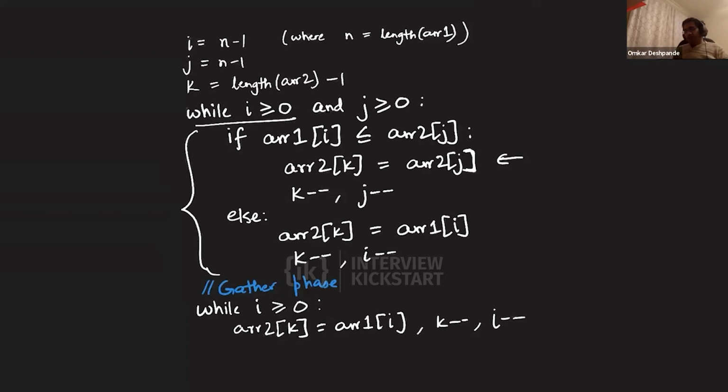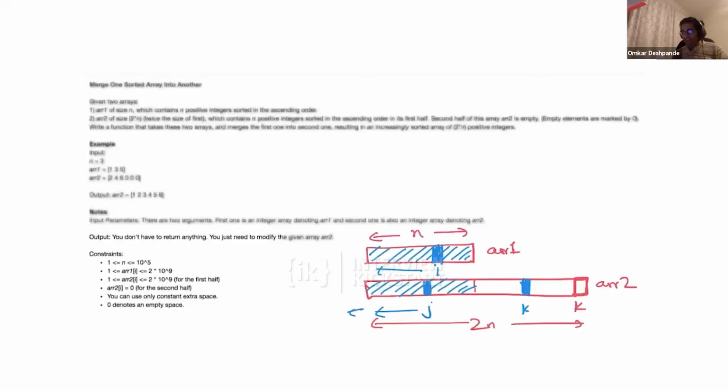Now, ordinarily, people would also have written a piece of code like this: while j is greater than or equal to 0, we gather the elements from the second array and put them into the auxiliary array. It so happens that, if you think about it, any elements to be gathered from the second array are going to be put back into the same positions as they already are, because the input has been given to us in a way that we will have exactly 2n elements filling up this array, and so eventually our k pointer has to end up at index 0.